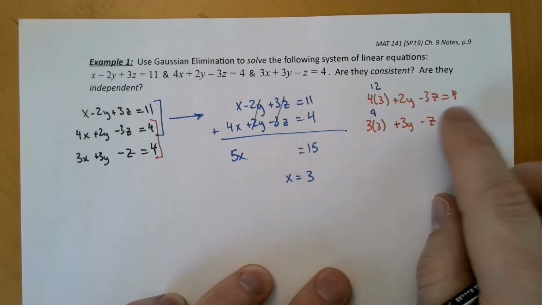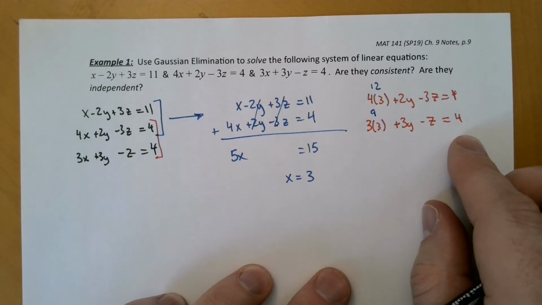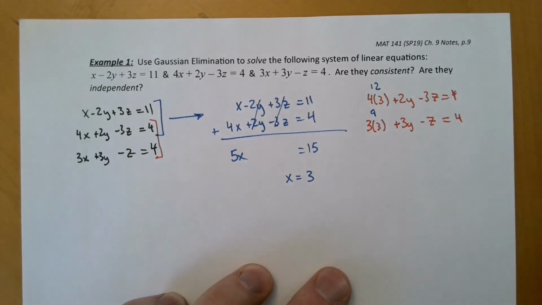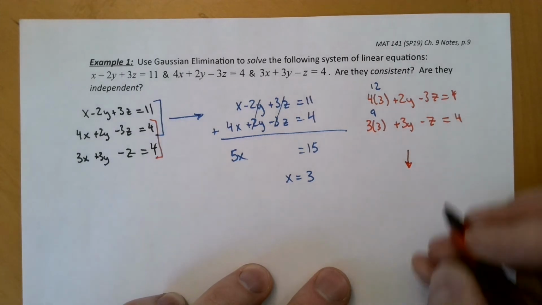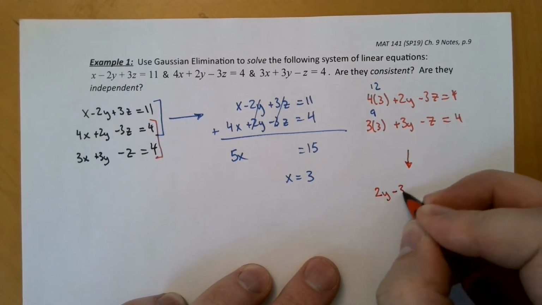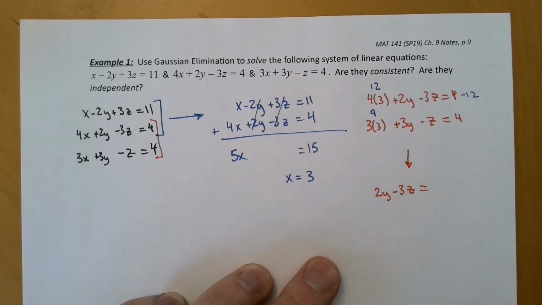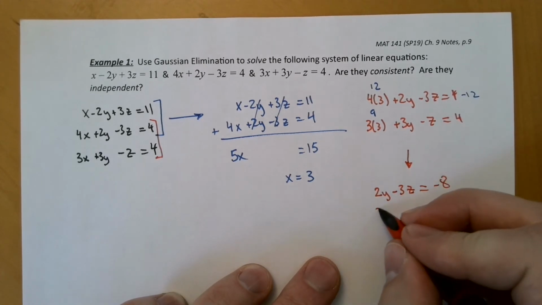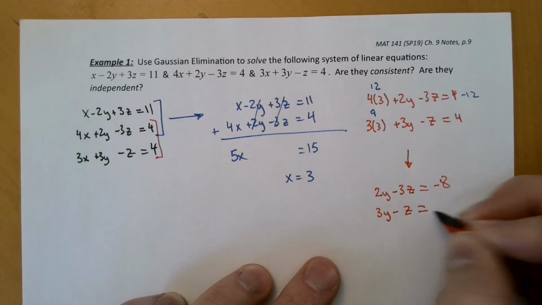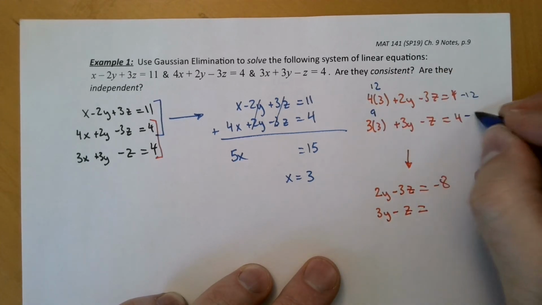So I'm going to subtract those over to the other side, and I'm going to rewrite this whole thing here before I try to do any kind of elimination yet. So I got 2y minus 3z equals 4 minus 12. That's a negative 8. And then I got 3y minus z equals 4 minus 9. That's a negative 5.